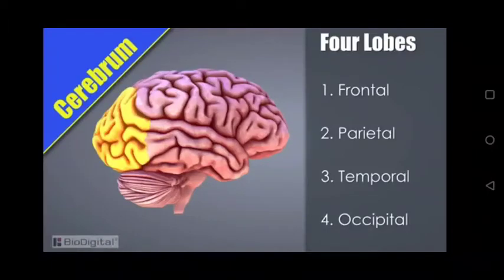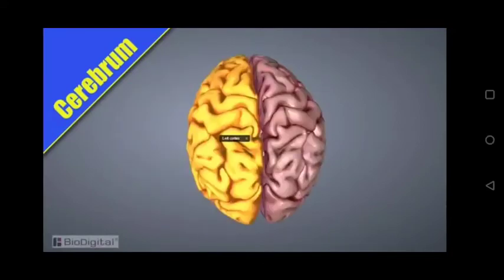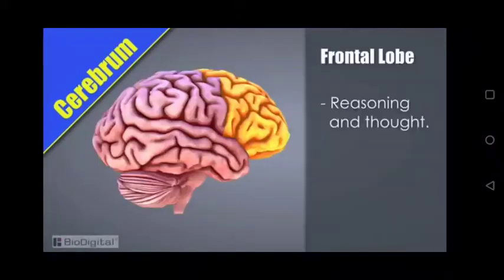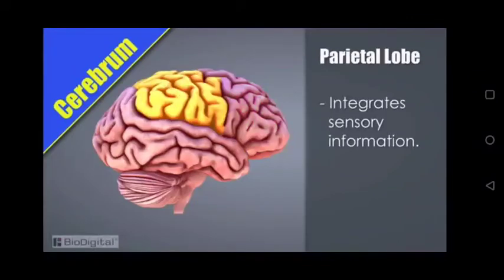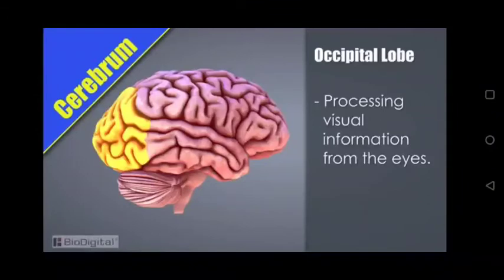The first section is the cerebrum. This is the largest section. It is divided into 2 major hemispheres, the right hemisphere and the left hemisphere. And the cerebrum is further divided into 4 lobes. These 4 lobes are the frontal, the parietal, the temporal, and the occipital.